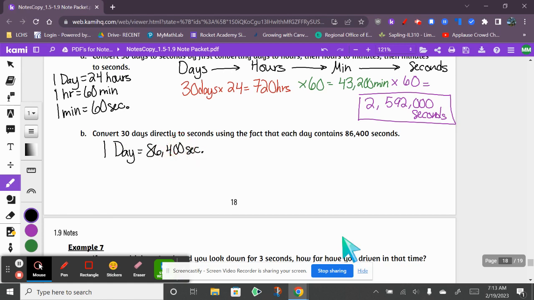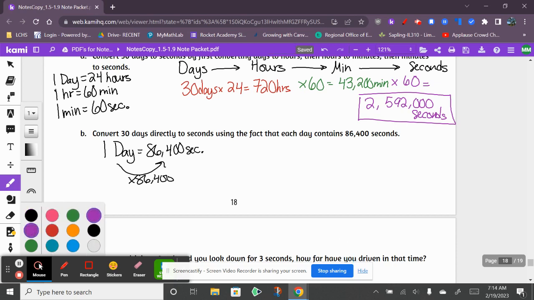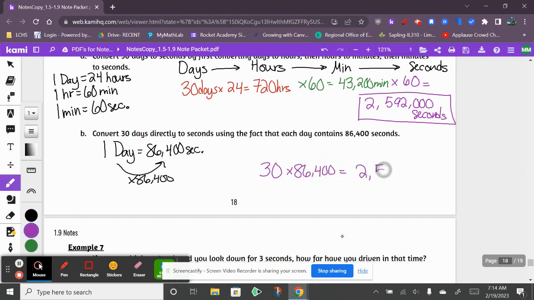So if we go from days to seconds, we would just multiply by that. So we can just take 30 times 86,400, and we get the same answer, 2,592,000 seconds.